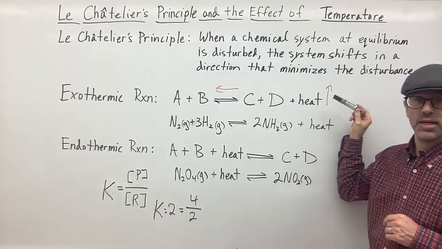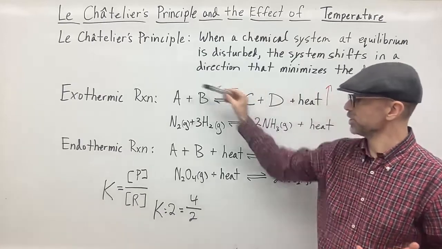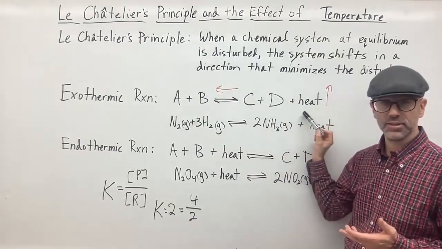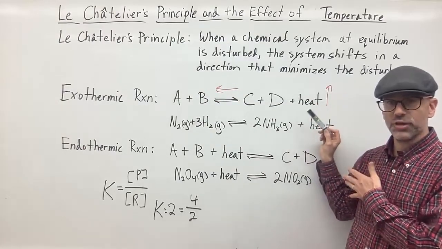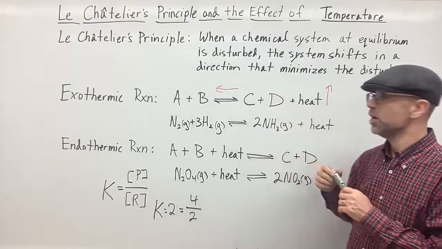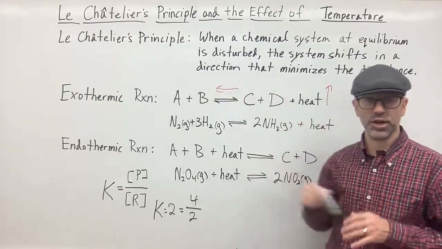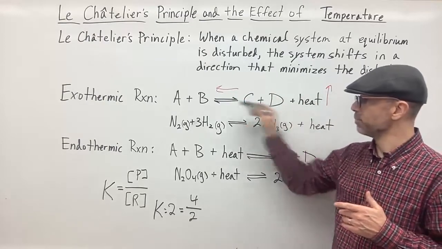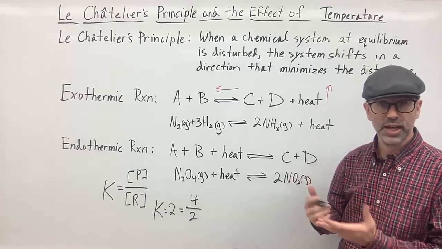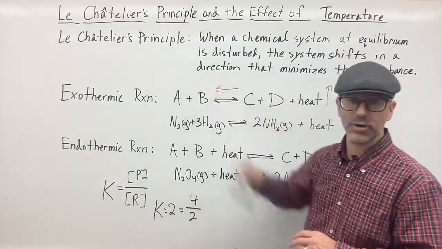That's going to cause, by Le Chatelier's principle, a shift of the reaction more towards the reactants to get rid of that heat. Well, the addition of heat doesn't affect the original concentrations. So by increasing heat, I'm causing the concentrations to change for my products and reactants until equilibrium is reached again. So I'm going to lose product and I'm going to gain reactant.